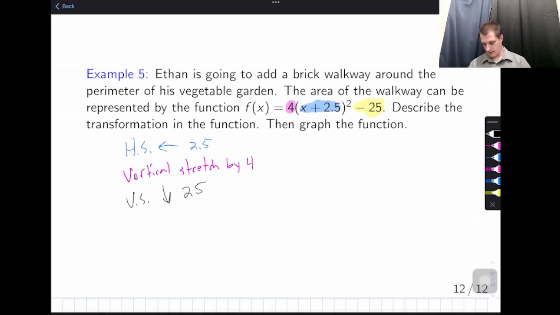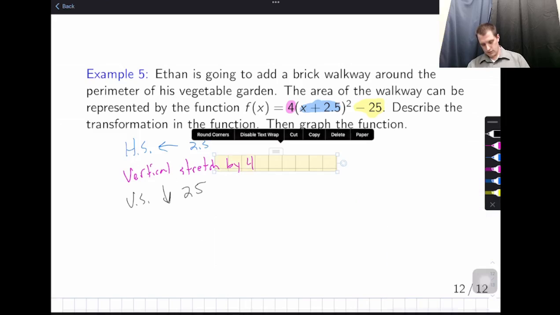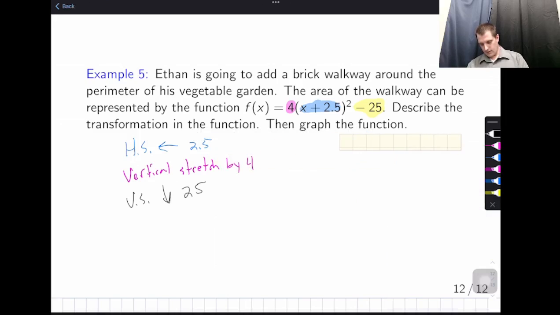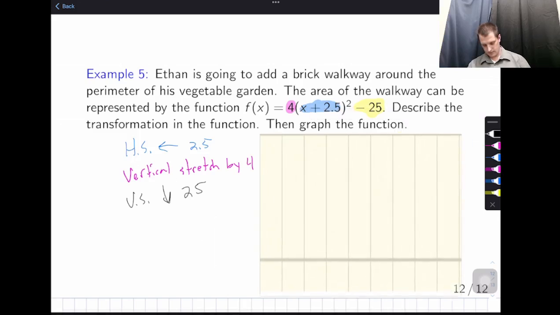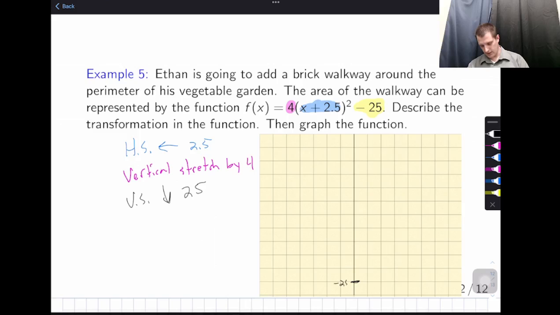Okay. Well, I was just thinking, how am I going to graph this? And the answer is, I'm going to get creative with it. So that vertical shift downwards of 25, I'm not even going to write my x-axis. I'm just going to go ahead and say that this right here is negative 25.